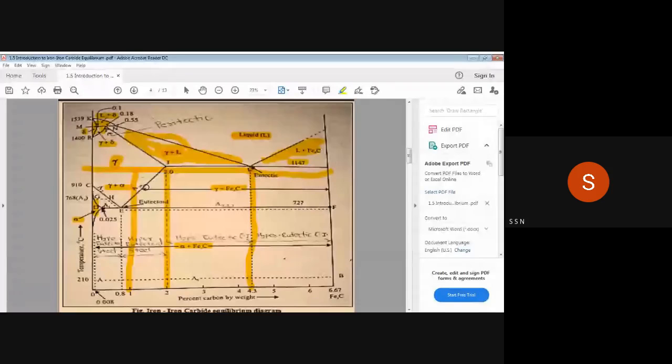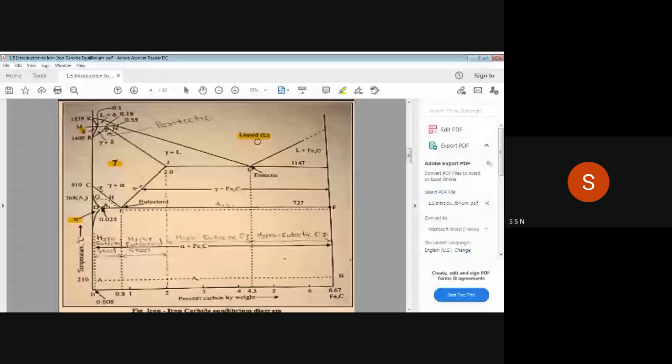So these parts we have divided into three transformations. Firstly, we have seen what are the different solid solutions here: alpha ferrite, gamma austenite, and delta ferrite. One more is in the liquid phase of that iron carbide, and one more phase, that is Fe3C.